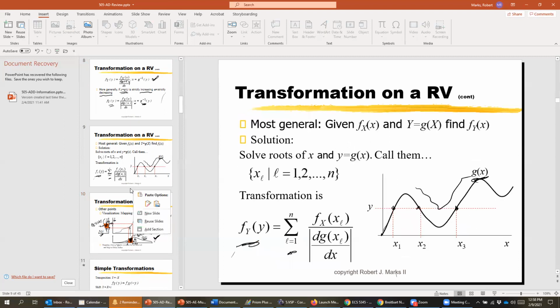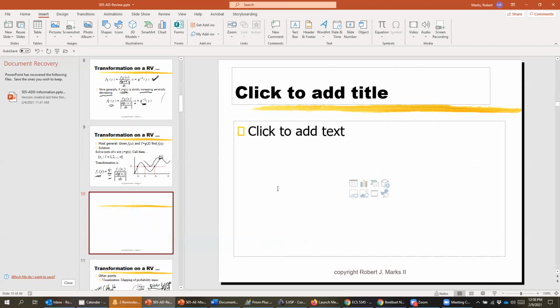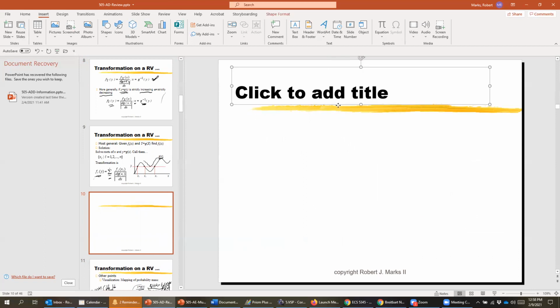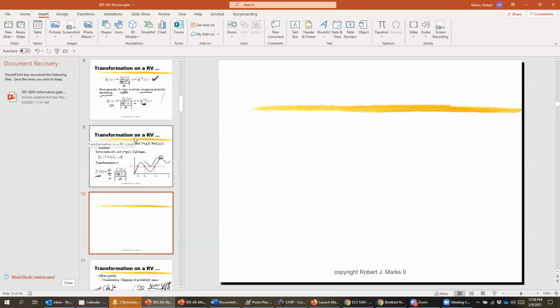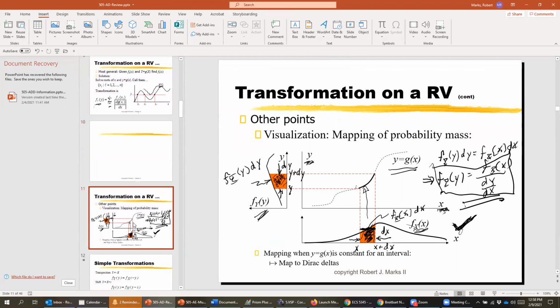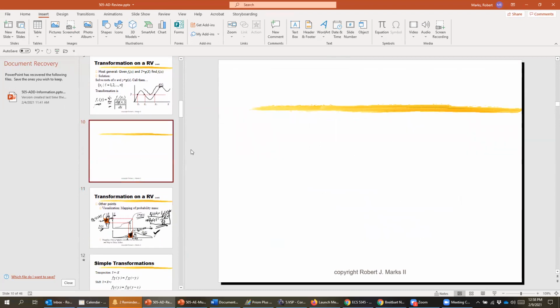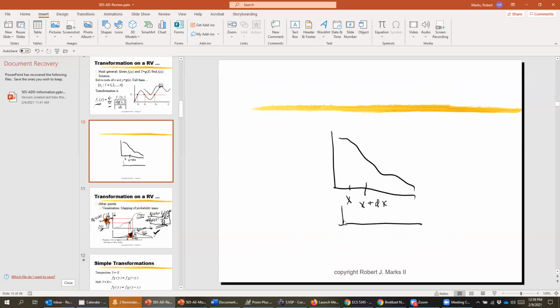Now, there's a question of what happens if the nonlinearity is strictly increasing. You can see that the nonlinearity here is strictly increasing. What happens if it's strictly decreasing? Well, if it's strictly decreasing, then the mapping from x to x plus dx on this probability mass function is going to be f sub x of x.